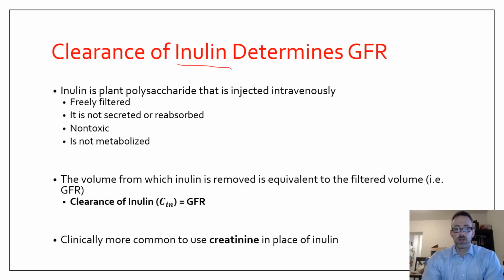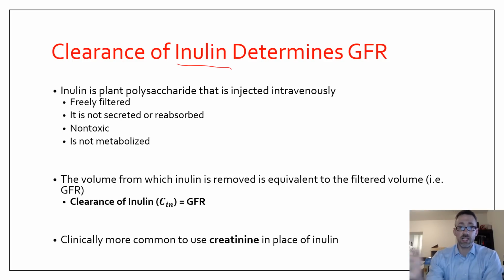Now, the volume from which inulin is removed is equivalent to the filtered volume. In other words, since inulin can only be filtered in, it doesn't get reabsorbed or secreted, nothing happens to it once it's in the nephron, the volume that it comes in with, right? The volume that it comes in with is the filtered volume. So it's entering into the nephron in a filtered volume. And so it's being removed completely from the body and it's going to be excreted.